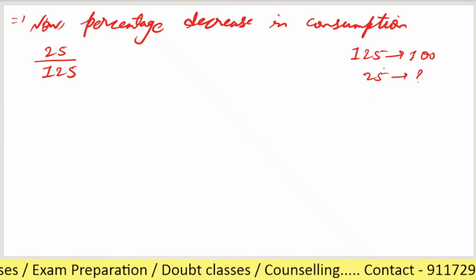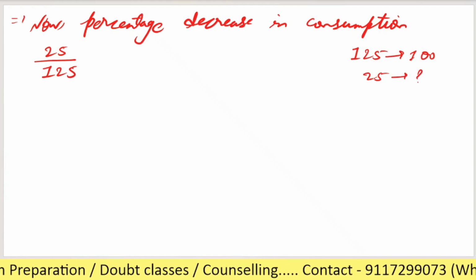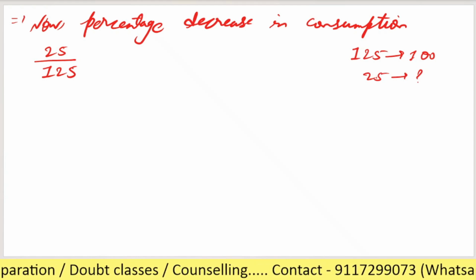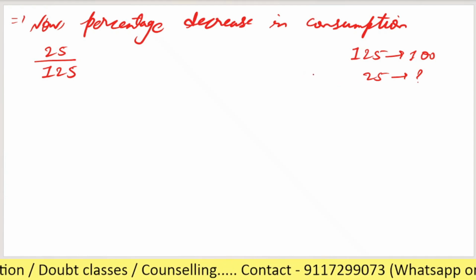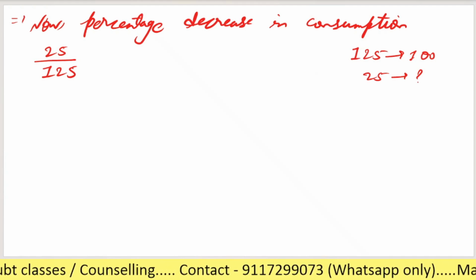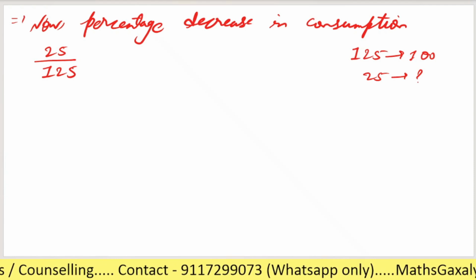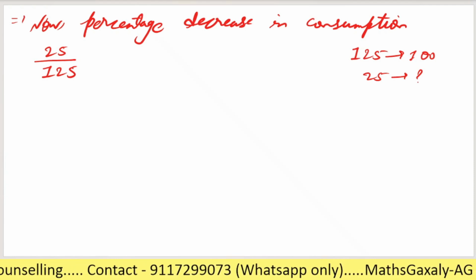So how did 125 come? As it is the increment of 25, when it was 100 rupees it became 125, right? So suppose on 125 we get 100.